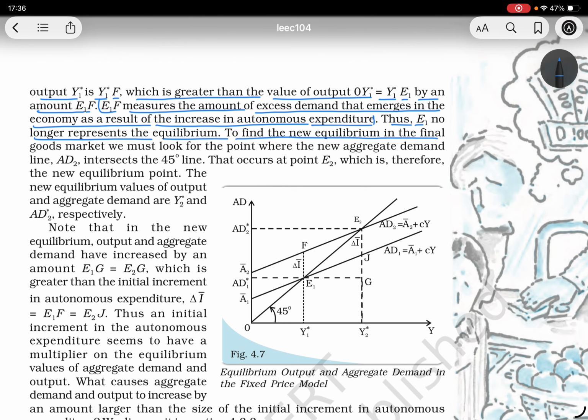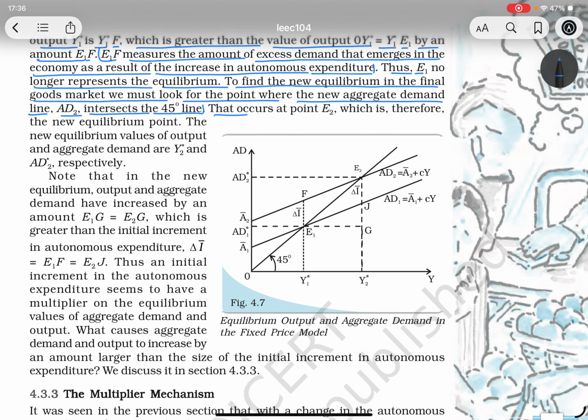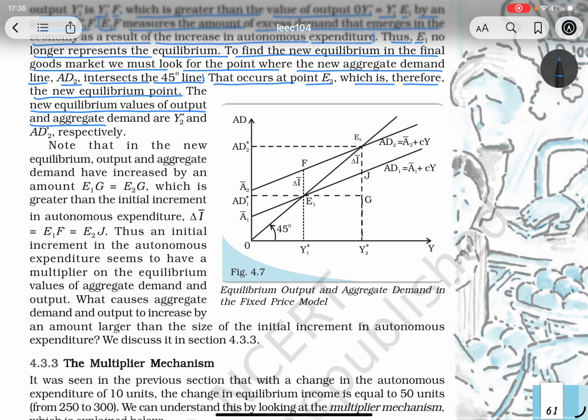To find the new equilibrium in the final goods market, we must look for the point where the new aggregate demand line AD2 intersects the 45-degree line. That occurs at point E2, which is therefore the new equilibrium point. The new equilibrium values of output and aggregate demand are Y2 and AD2 respectively.